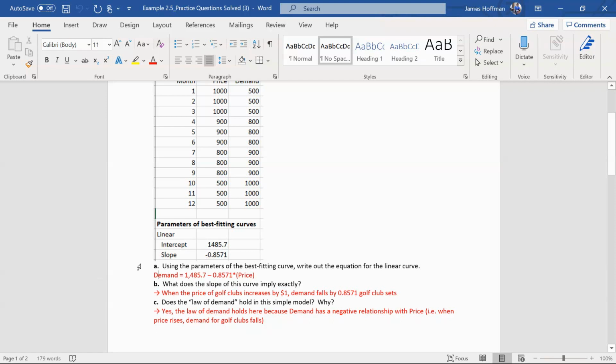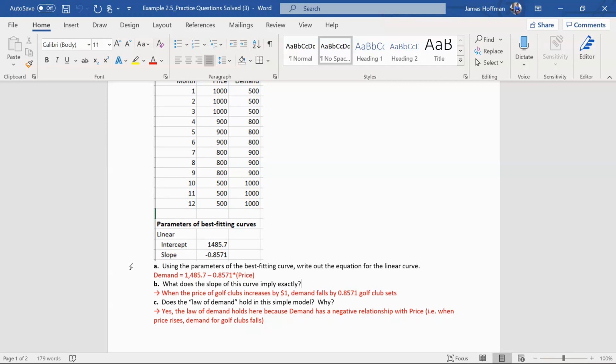So your parameters tell you in this estimation, demand equals 1,485.7, the intercept, minus the slope of 0.8571 times price. This is a linear effect of price on demand in this simple linear model. So just know how to take the parameters and specify the equation of price's effect on demand.